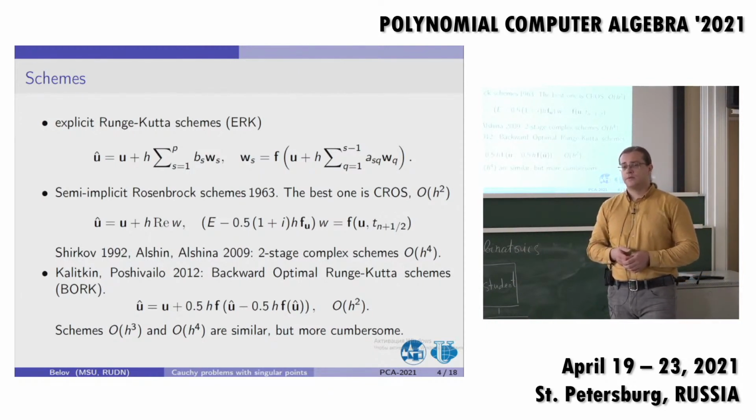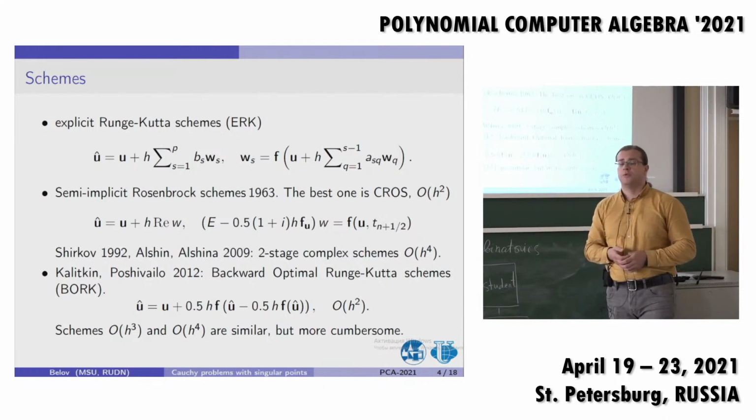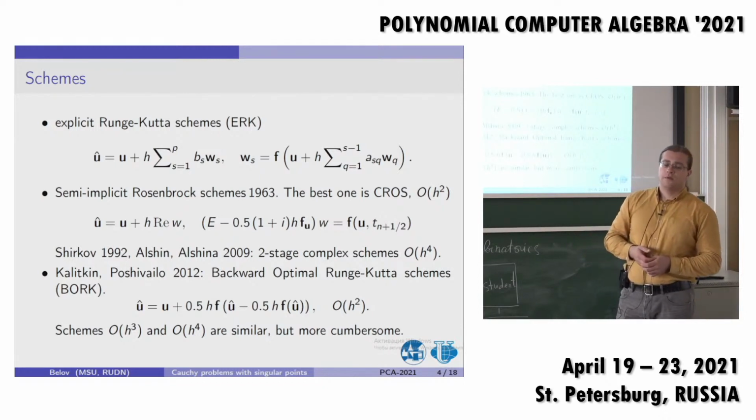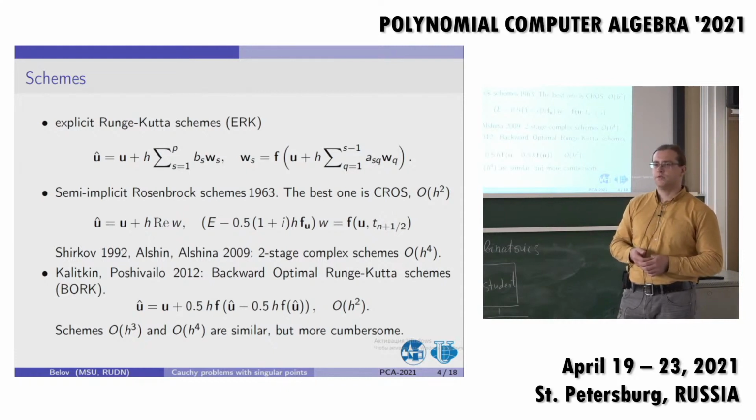Transition to the arc length argument allows employing even explicit Runge-Kutta schemes. They are well known, and I show the formula on the slide. Another good class of schemes is the Rosenbrock scheme. It is semi-implicit, so it is a linearization of a purely implicit scheme. So at each step, one should solve a linear system of algebraic equations.